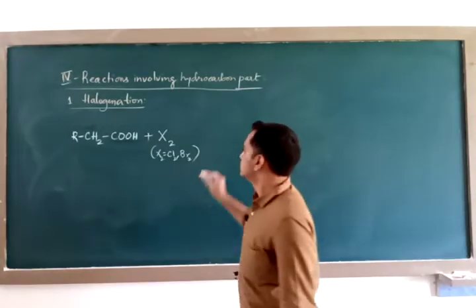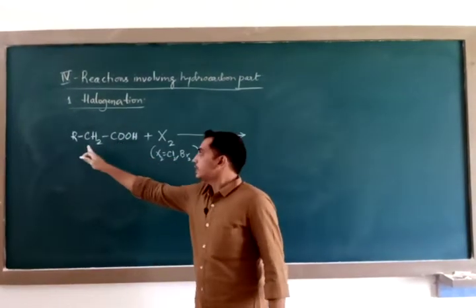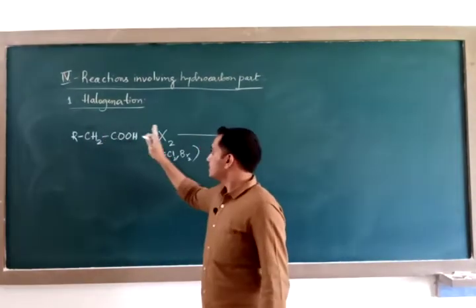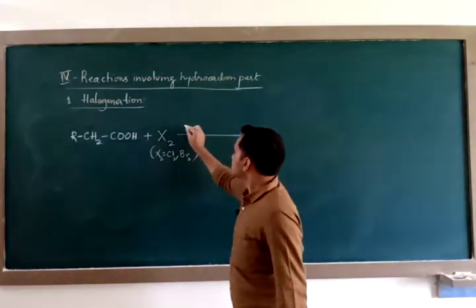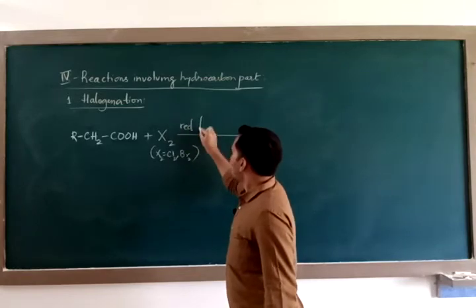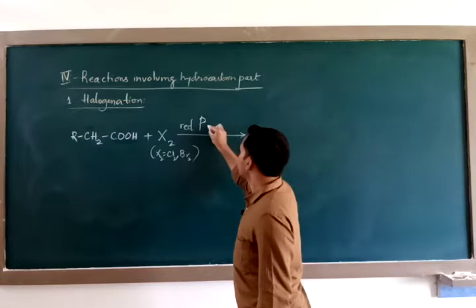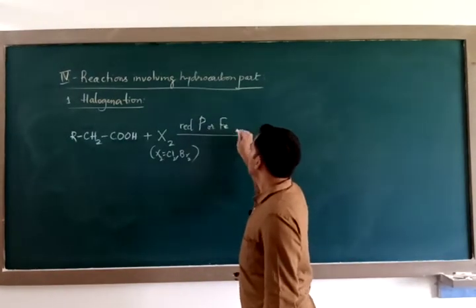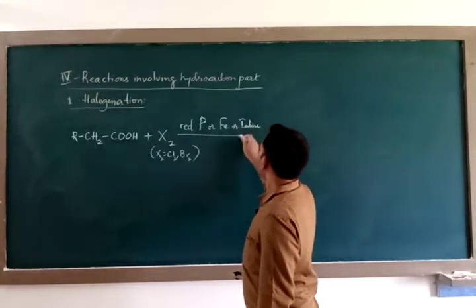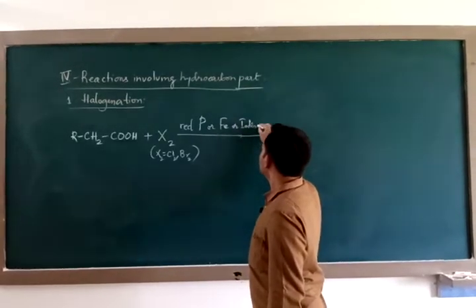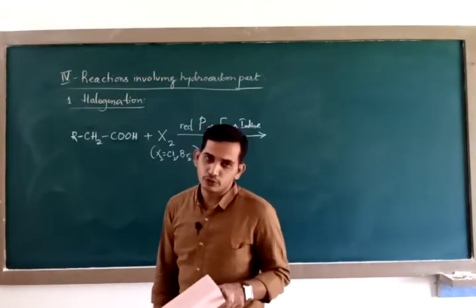Whenever it is reacted with halogens like chlorine or bromine in the presence of red phosphorus, if it is not available, then iron or iodine as a catalyst. Among all the three, you can choose any one of your choice.